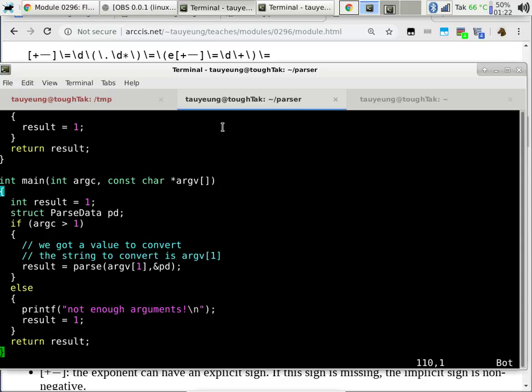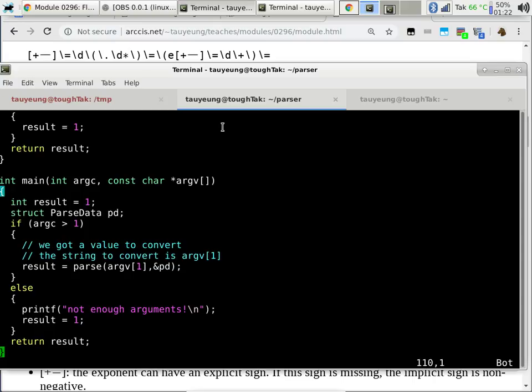ARGC is at least 1 because the path of the executable is always ARGV[0]. ARGV itself can be seen as an array of pointers to const chars. In other words, it is an array of strings. The first string is always the path of the executable. The second string is going to be the first actual argument that you specify after the name of the executable.